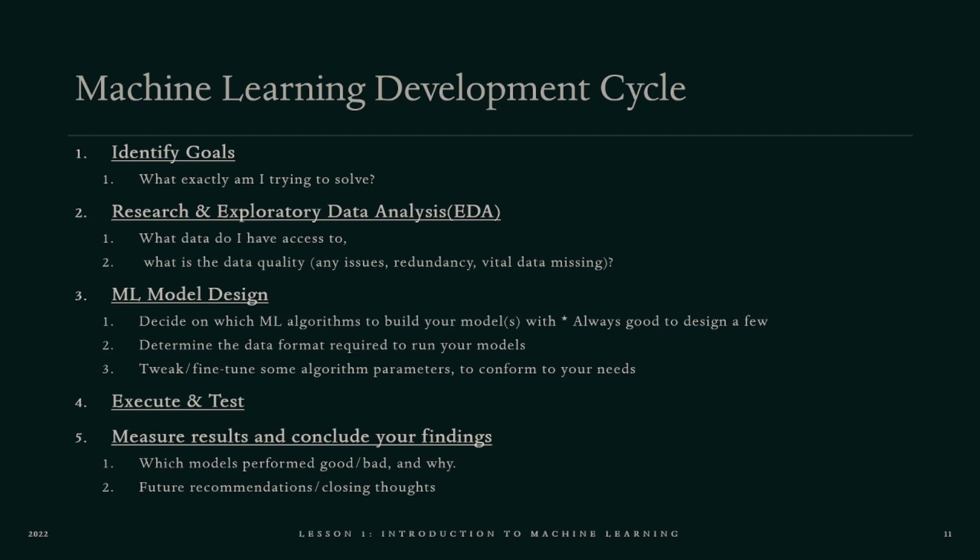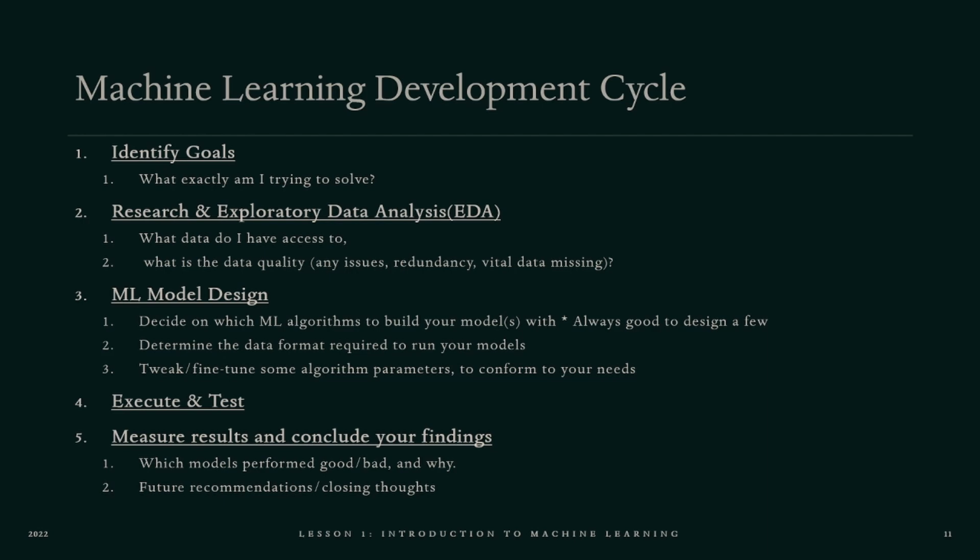That leads us into step 4, where you execute and test the results. You execute the model, and then you measure the results, basically. Since you would have made multiple machine learning models, you can compare them against each other and see which ones did good and bad, and why you think that from a developer perspective.